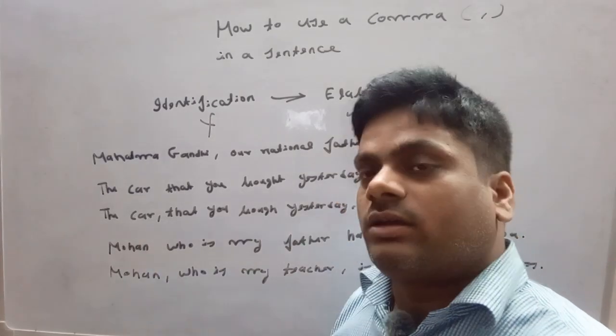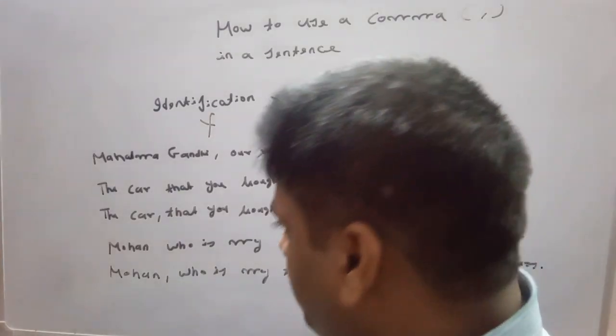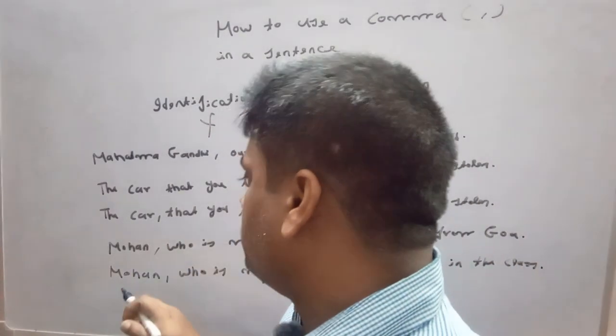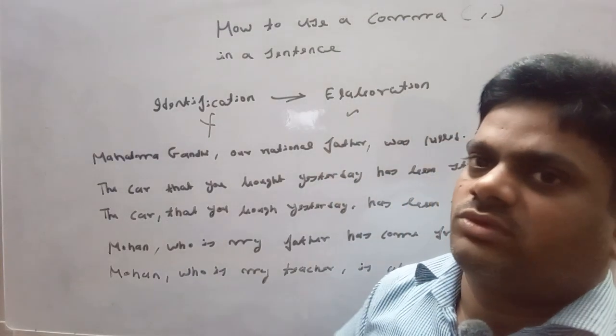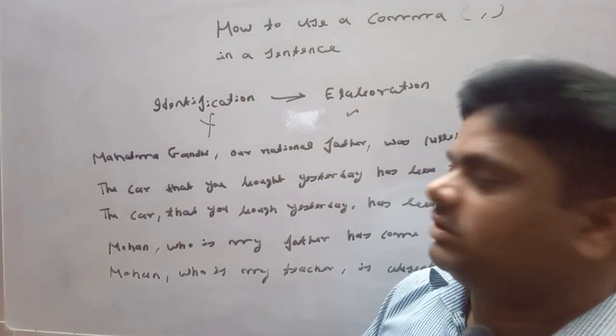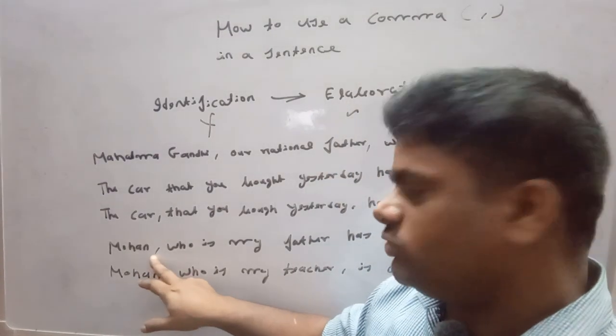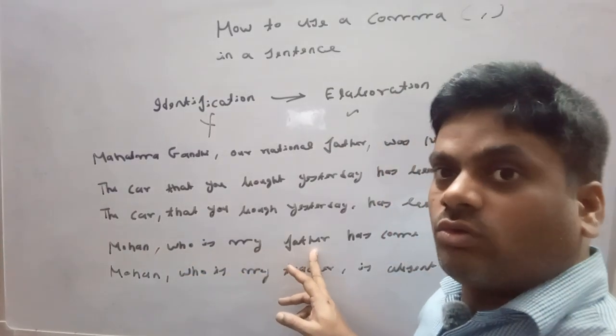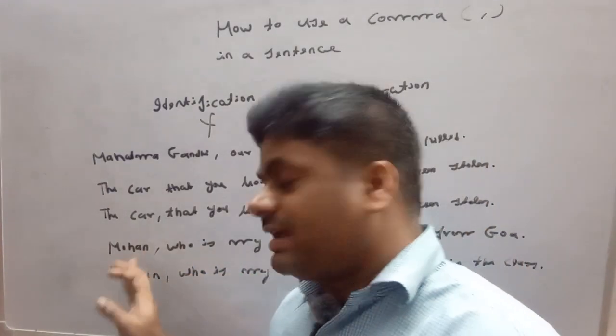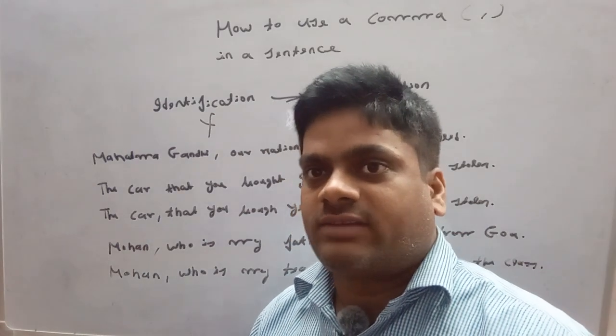So here it would be proper to use a comma, because we are going to make elaboration of the noun, not identification of the noun. So we can use a comma here, because Mohan, who is my father. Here we elaborate the noun, not identify the noun.